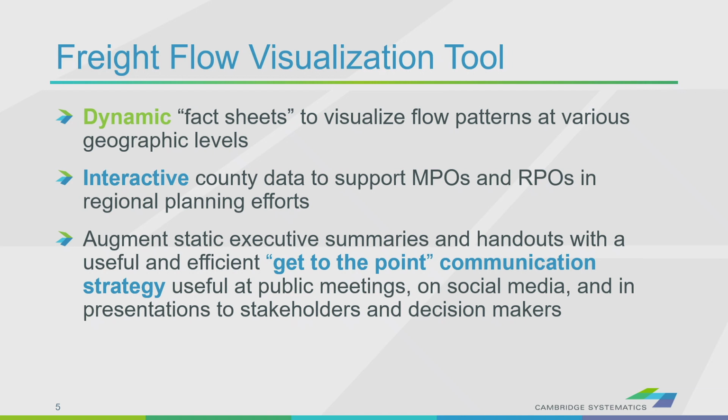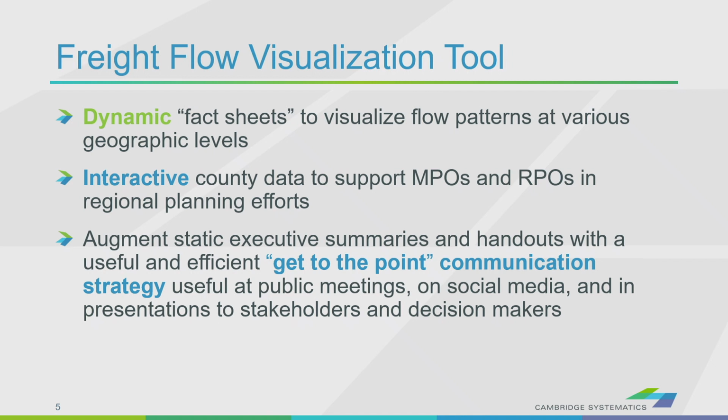Typically what we had done before is pretty boring tech memos where you have lots of tables and charts and different ways of presenting the same data to highlight what are the key trading partners, what are the key commodities, what's the modal split, and so forth. So this was just a neat way of showing that same data where the user can filter and take a deeper dive into the data and look at it in a more visual way.